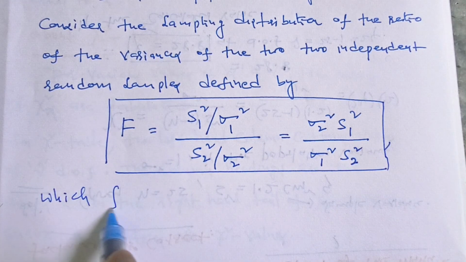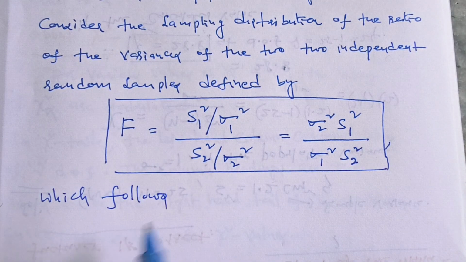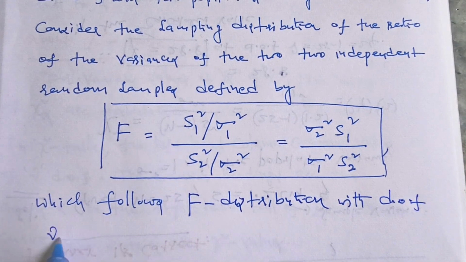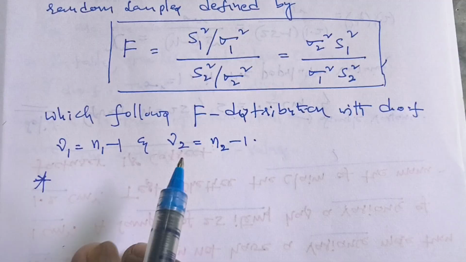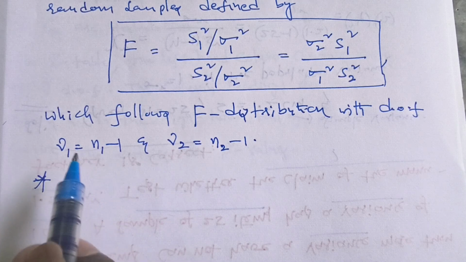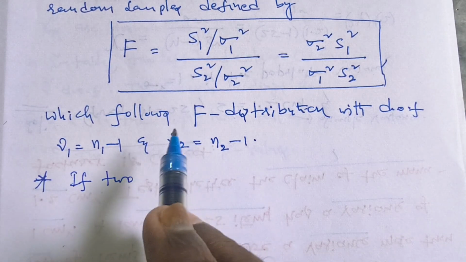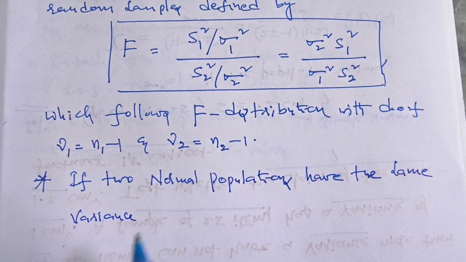Now, F follows the F distribution with degrees of freedom nu1 and nu2, which have the formulas n1 minus 1 and n2 minus 1.